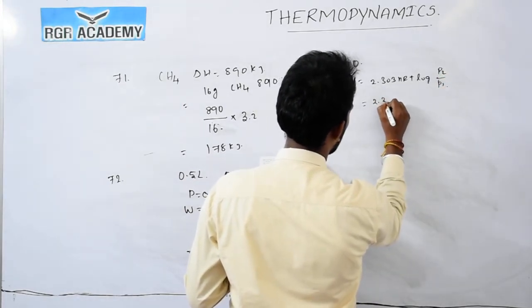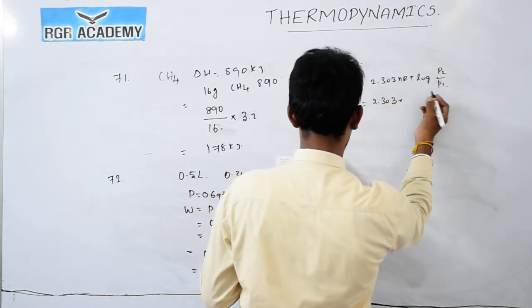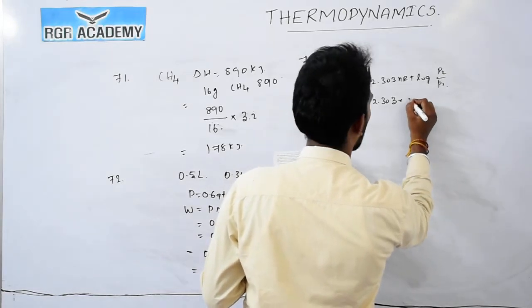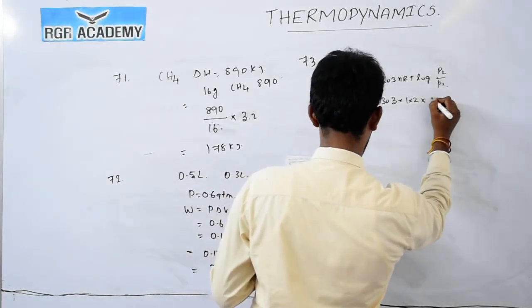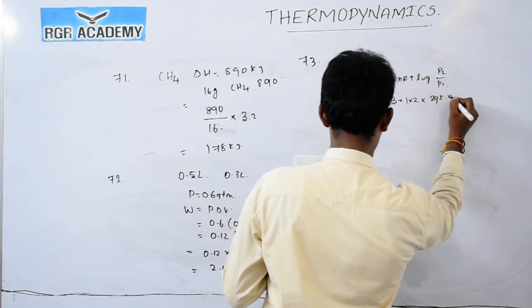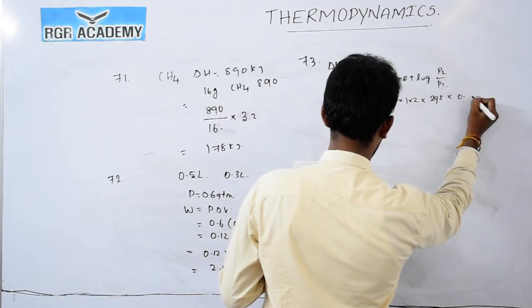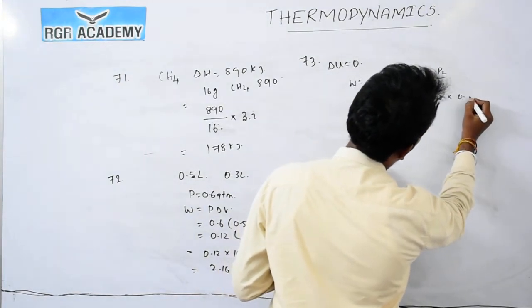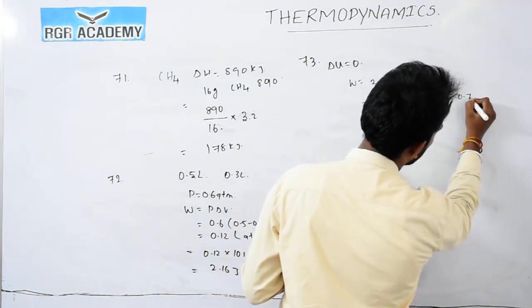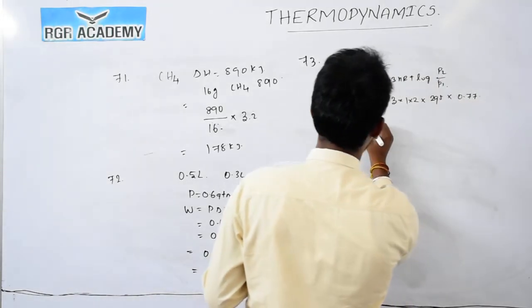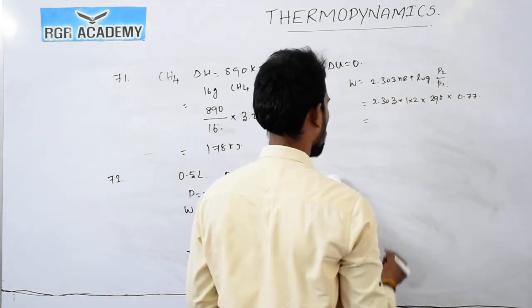So 2.303, n means 1 mole, R means 2, temperature is 298 and log 5. Log 5 is 0.7, log 4 is 0.60, so 0.77.